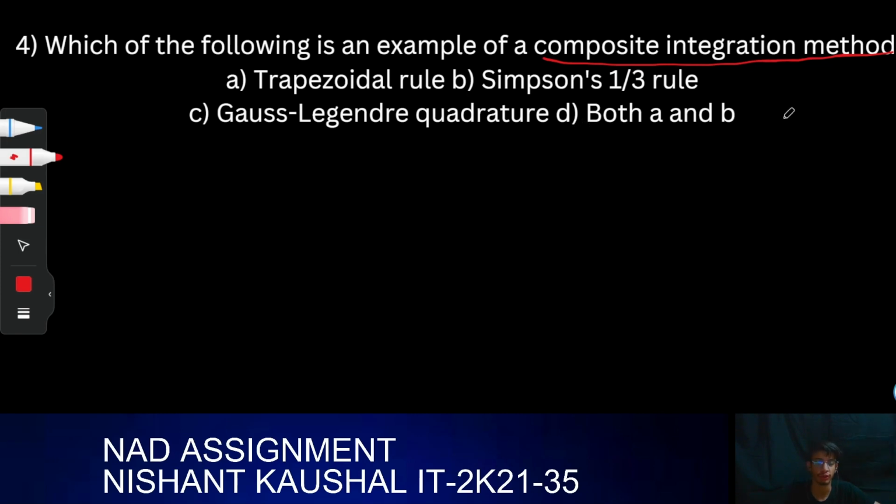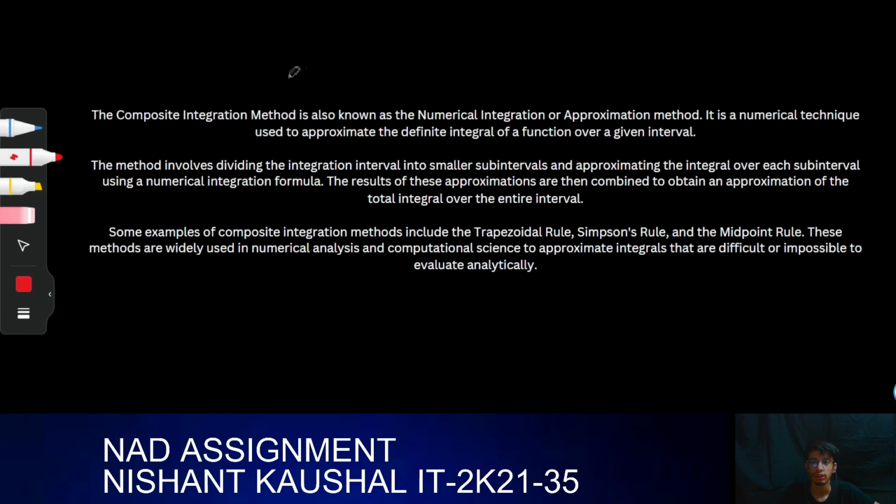So what is the composite integration rule? Let us see that. The composite integration method is a numerical integration or approximation method. It is a numerical technique used to approximate the definite integral of a function over a given interval. The method involves dividing the integration interval into small subintervals and approximating the integral over each subinterval using a subinterval formula.